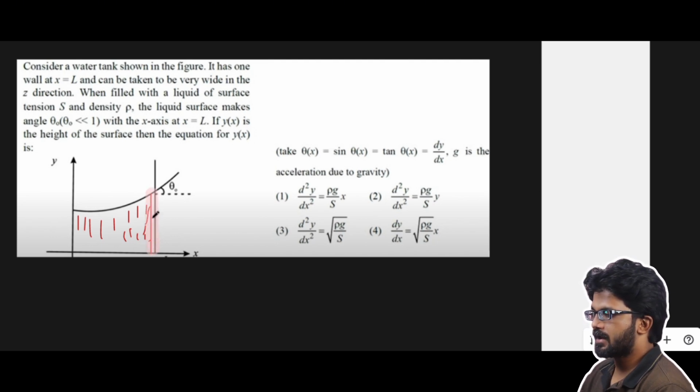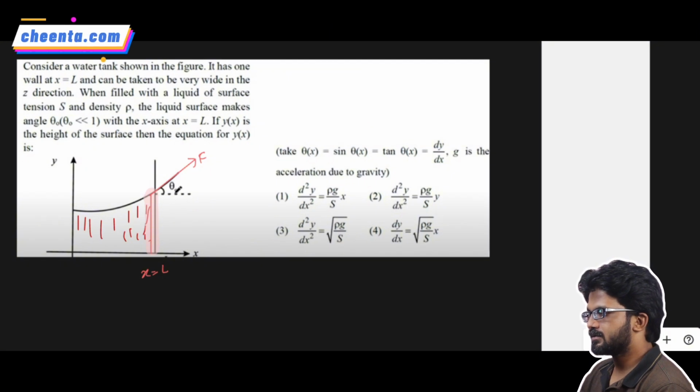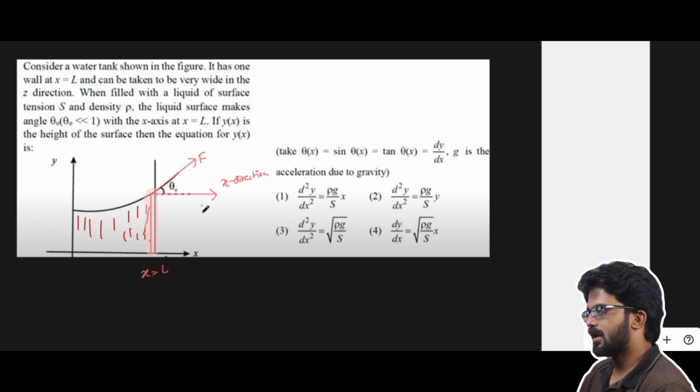The thing that I am highlighting is the force exerted on this wall, suppose that is F, by this mass element at x equal to L. We can see that this force has a component in the x direction, F cos theta, and another component, F sin theta, along the wall.